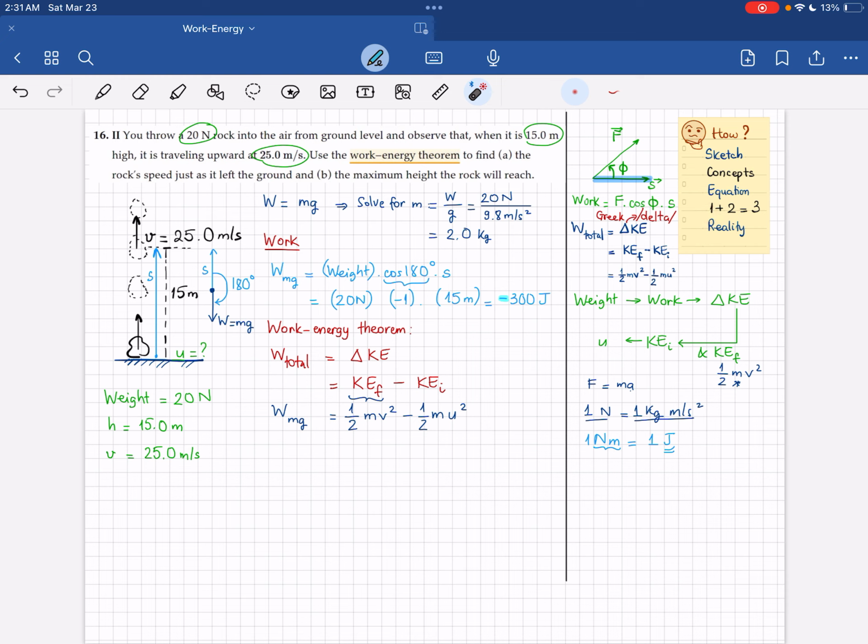But it's up to you, whatever makes it easier for you. Let's say you want to rearrange to solve for u, then how can you solve for u? The total work will be, I see this one has a minus here.